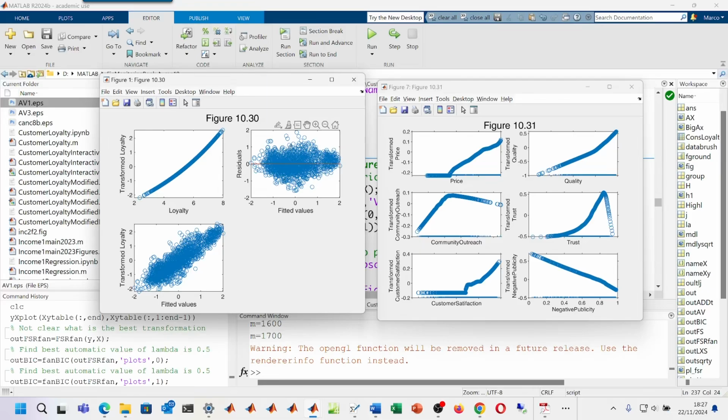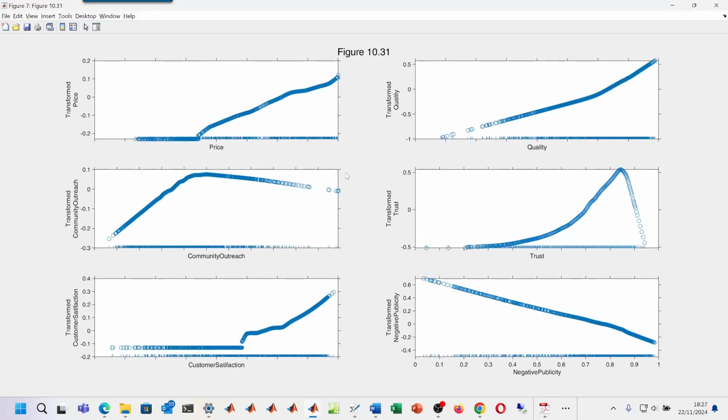There is a rather elliptical cloud of residuals against fitted values, so we may expect that there will be some outliers above and below in that band, and of course a similar kind of thing that will then show in the transformed response against fitted value. And it is interesting to notice how the explanatory variables have been transformed, because this gives you an idea about the relationship between each explanatory variable and the response.